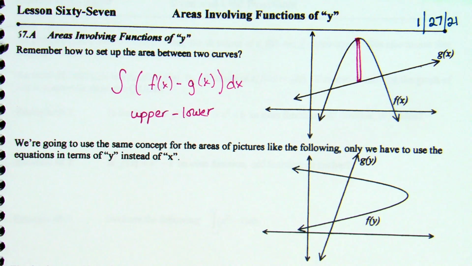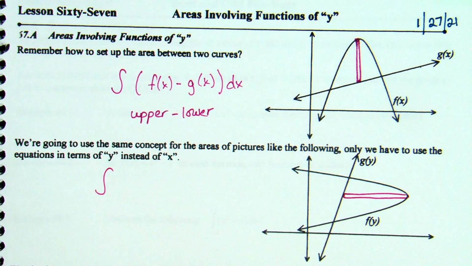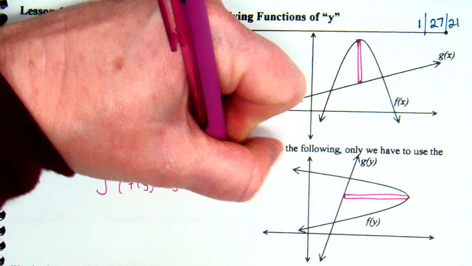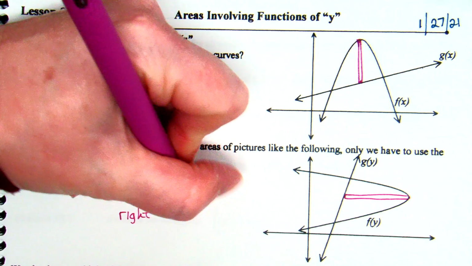In terms of the integral, my right is f of y, so f of y minus g of y, and then dy. And this is the idea of right minus left.